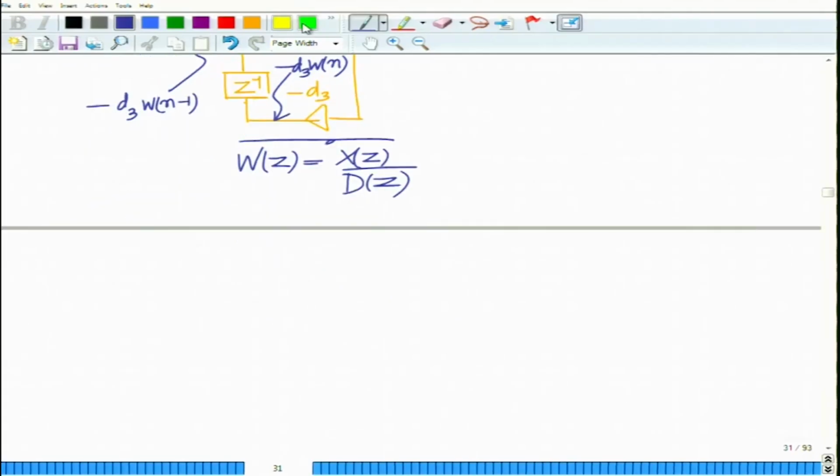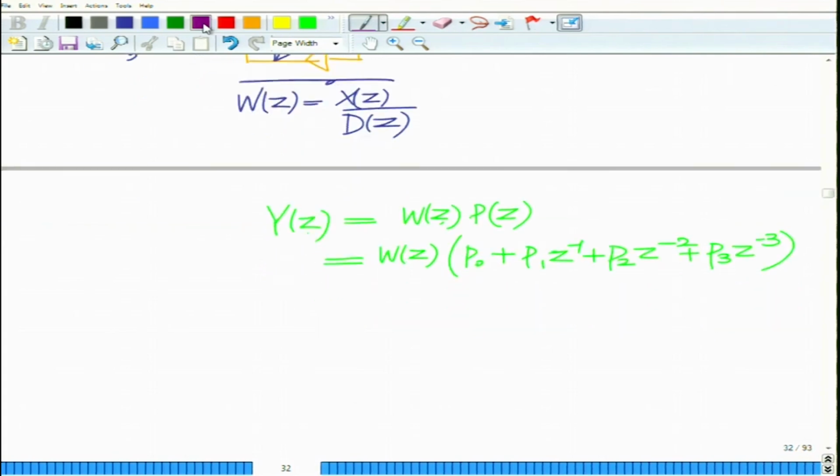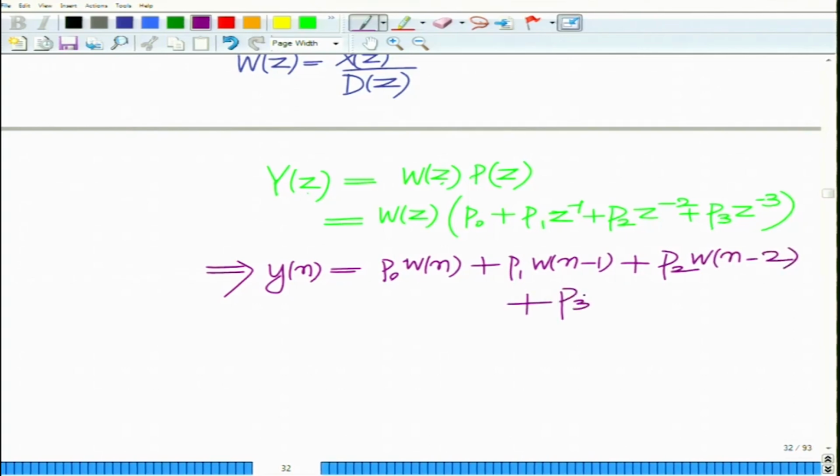So, we have Y(z) equals W(z) times P(z), which is W(z) times P0 plus P1 z^-1 plus P2 z^-2 plus P3 z^-3, and this implies basically that y[n] equals simply P0 W[n] plus P1 W[n-1] plus P2 W[n-2] plus P3 W[n-3], and that is the forward path.